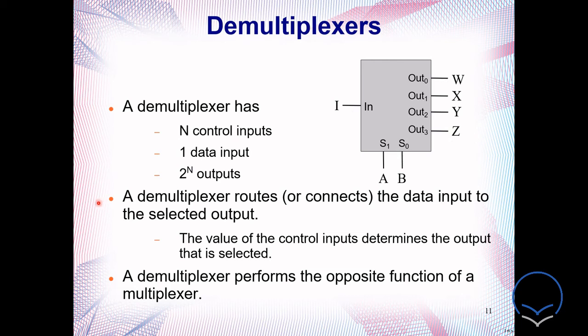So a demultiplexer routes or connects the data input to the selected output. The value of the control input determines the output that is selected. A demultiplexer performs the opposite function of the multiplexer, as we already discussed.